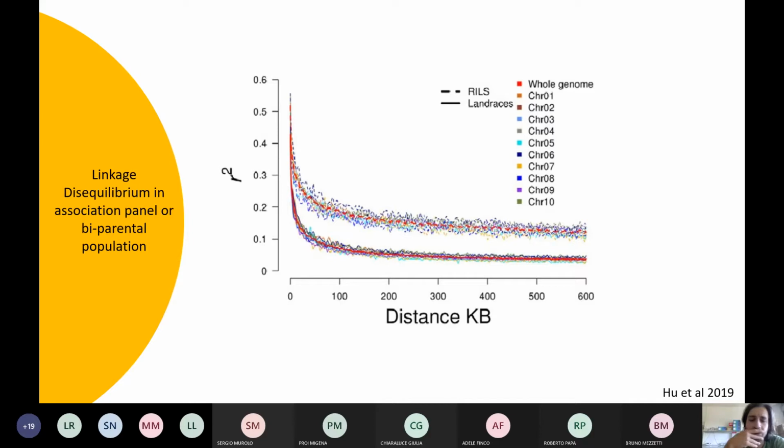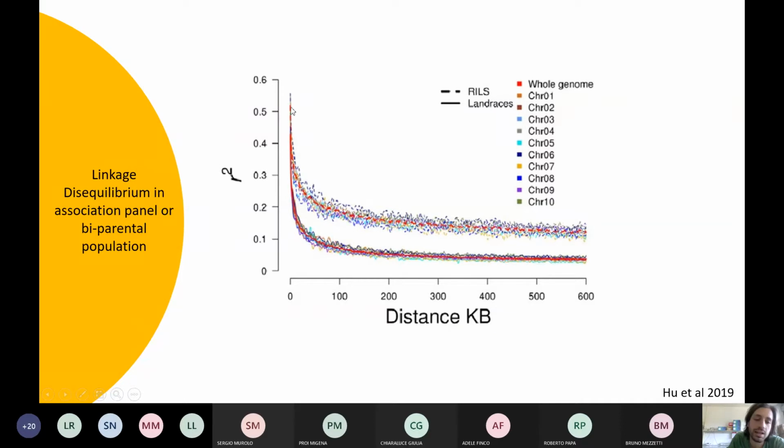We can evaluate, for example, two populations by linkage disequilibrium and see how a natural population can increase the accuracy of the analysis. In particular, in this graph, the dashed line is a recombinant inbred line population, which is a biparental population. And the continuous line is a landraces population.